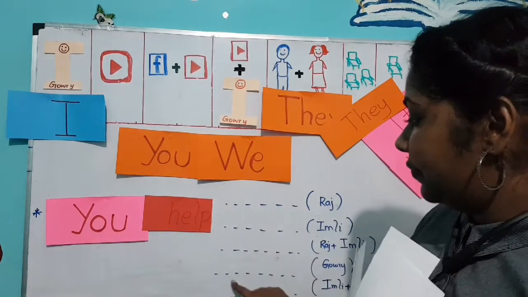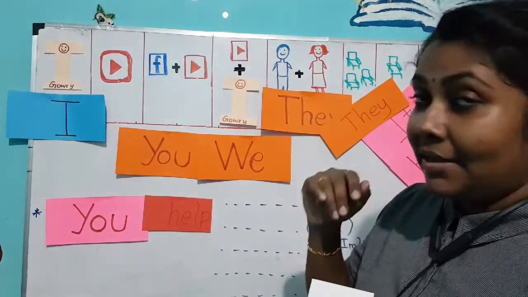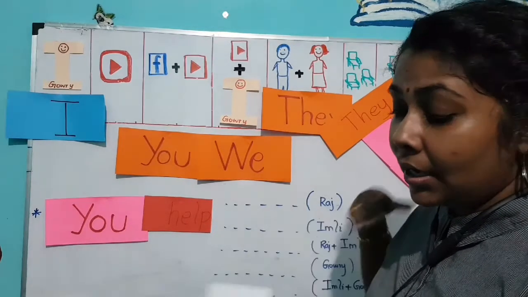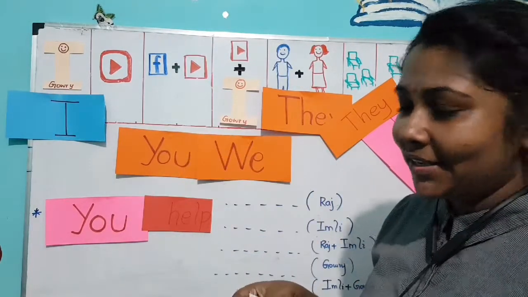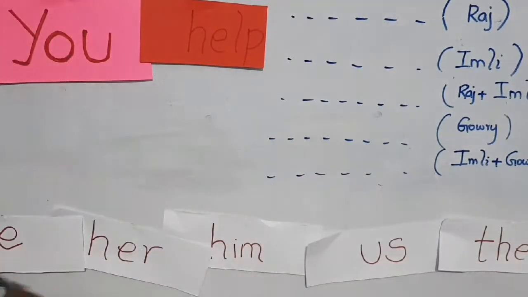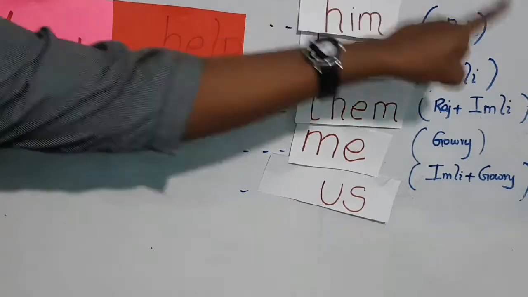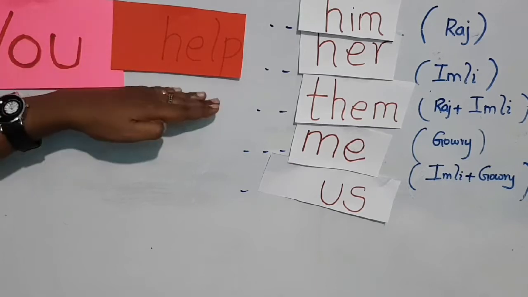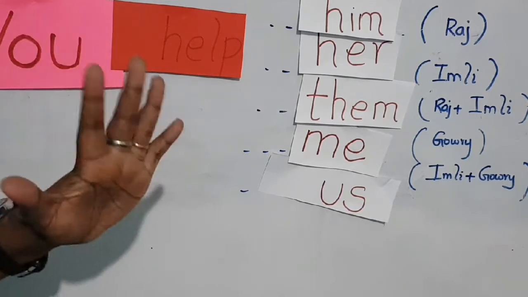So 1, 2, 3, 4, 5. 5 sentences. How many sentences? 5. Example. You help Raj. You help him. Okay. Cards. Okay. Copy down in your notebook. Okay, you have to write, you help him, you help her. Okay, 5 sentences.